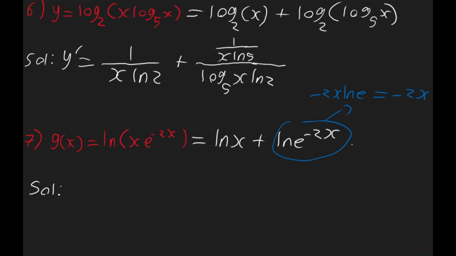So this is equal to ln x minus 2x. Now we can differentiate this. Of course, in the first form we can differentiate it too, but it's easier like this. y dash is equal to 1 over x minus 2.